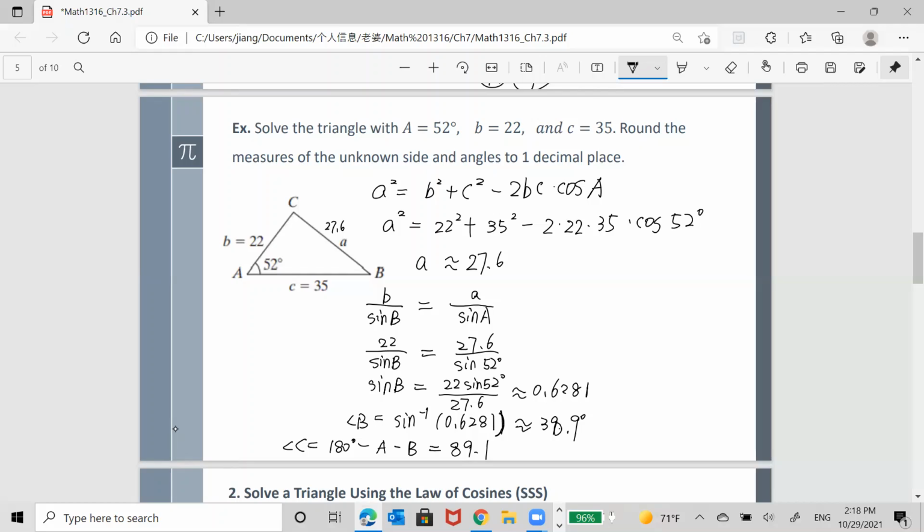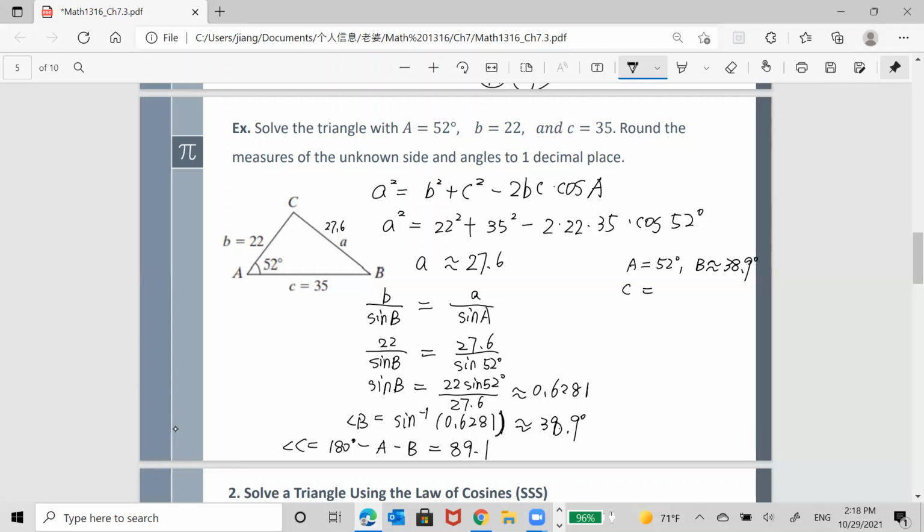For the summary, if I had more space I would write something here, but I don't, so I can put this summary here. Angle A is 52 degrees. B equals, can I say equal? I better not, because it's not an exact value, it's an approximate value: 38.9 degrees.